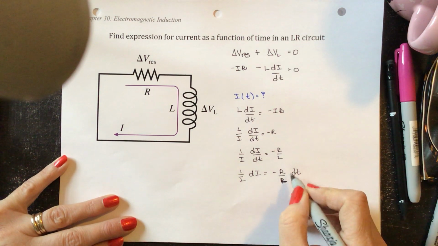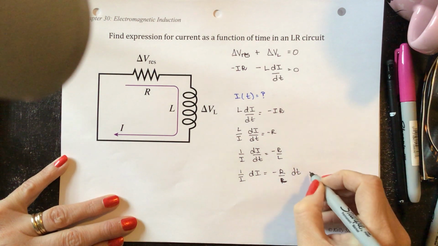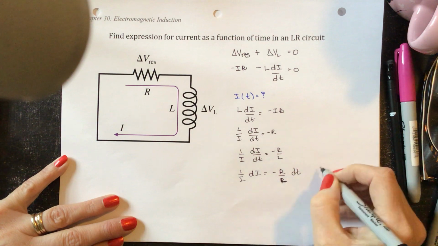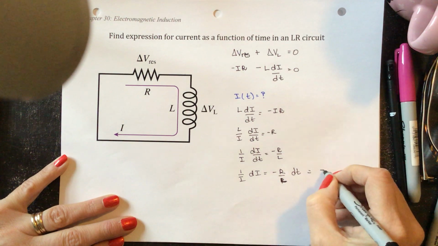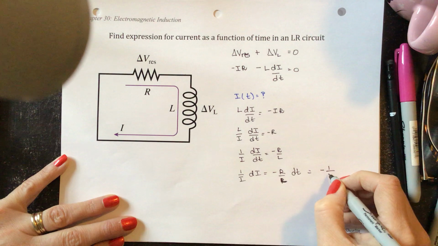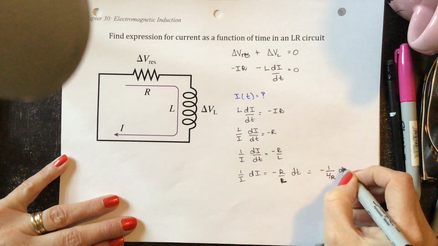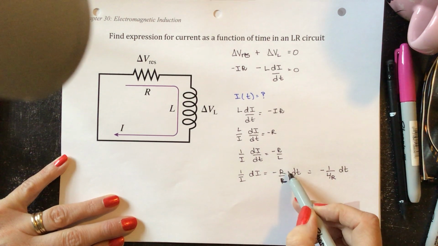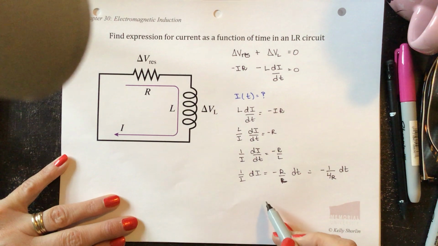And I'd like to change this because it is reminiscent of something we've seen before. I'm going to say minus 1 over L over R dt. I just multiply top and bottom by 1 over R.